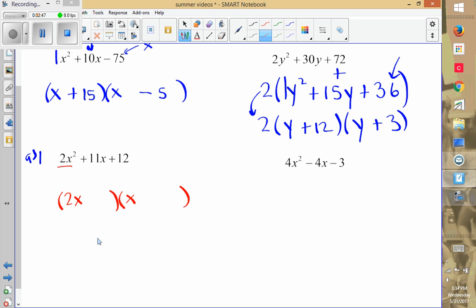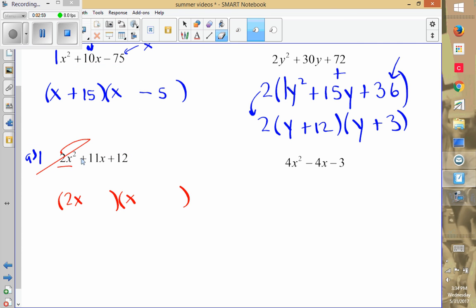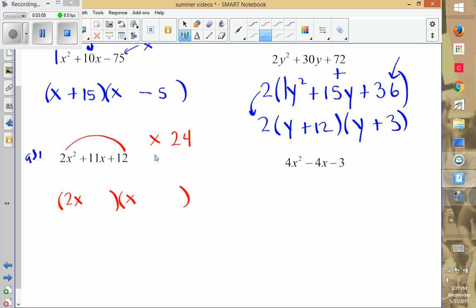Now, instead of just looking at 12 and saying what multiplies to 12 and adds to 11, I need to actually take the 2 and the 12 and multiply them together, and think to myself, okay, I actually need to figure out what multiplies to 24 and adds to 11.